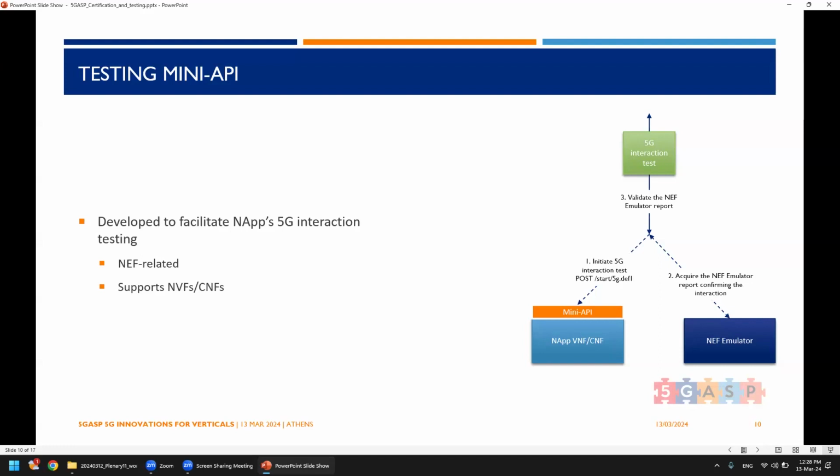Then the network application will execute this command and report back to the employed test. So this is how 5GASP managed to bridge the gap between the software development world and the 5G world regarding 5G readiness.